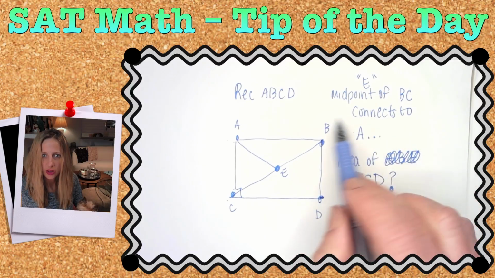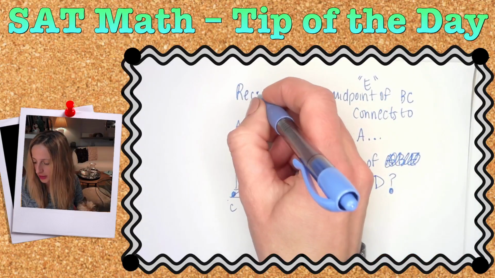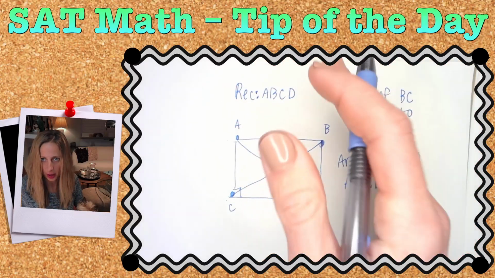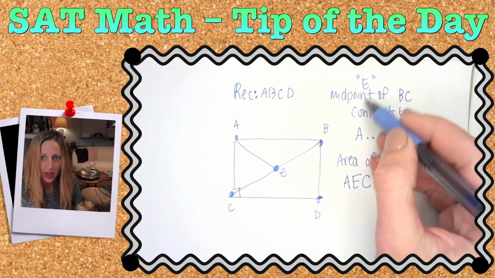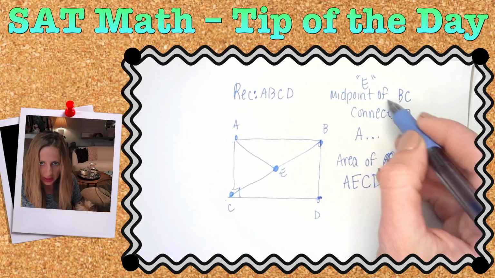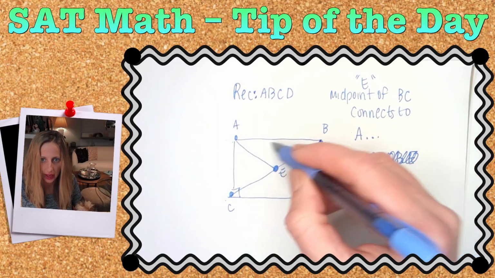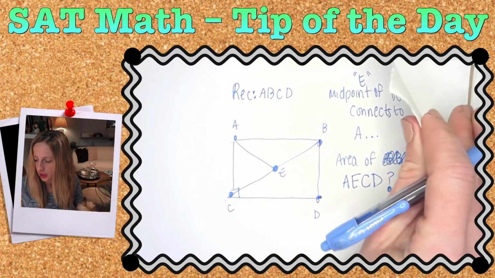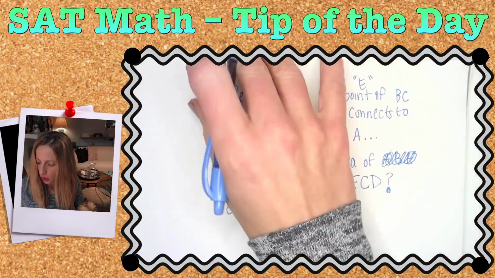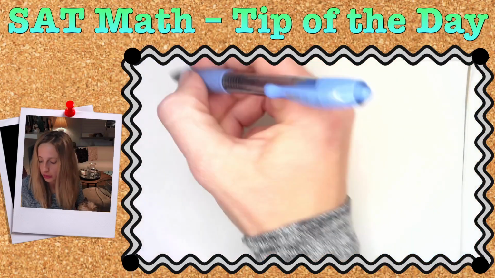It makes no sense. So again, you're told you have a rectangle A, B, C, D in the problem. Then you're told E is the midpoint of BC, and that point is going to connect up to A. But if you don't draw it right, you're not going to get the right image. So what should it look like? Well, let's start over.